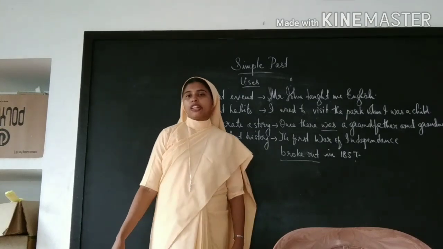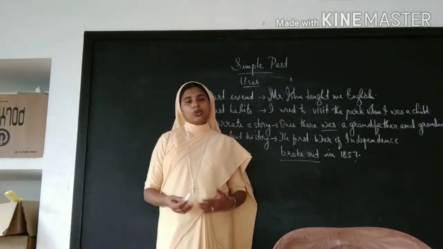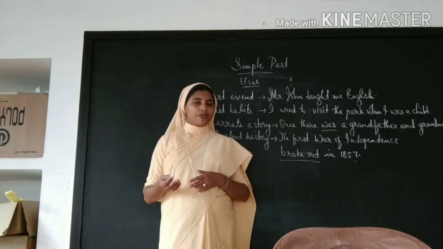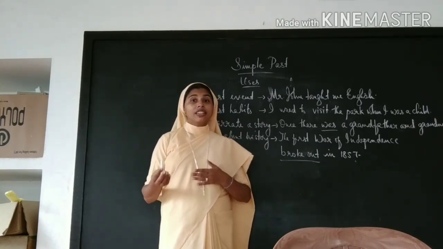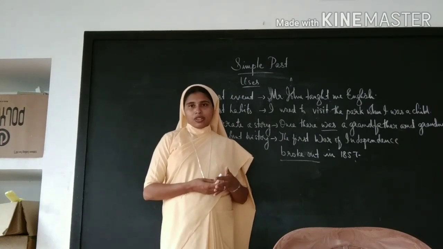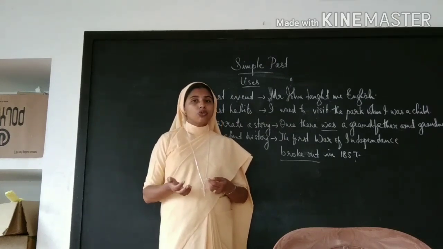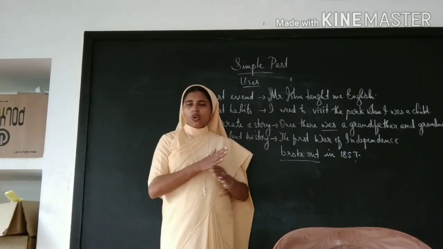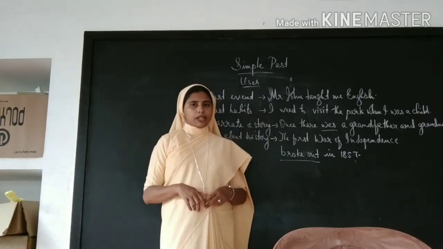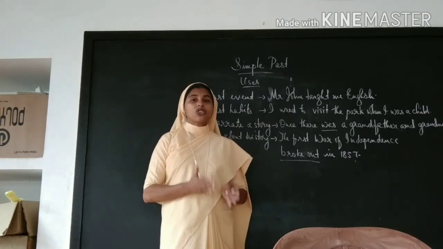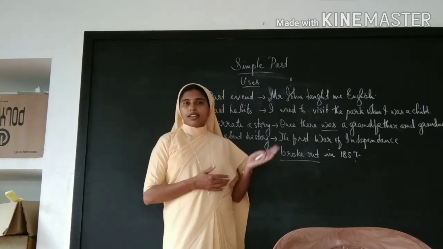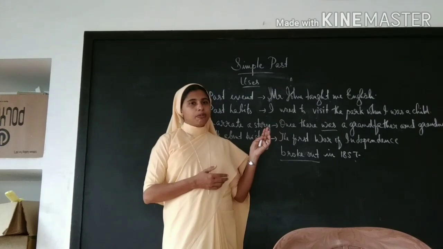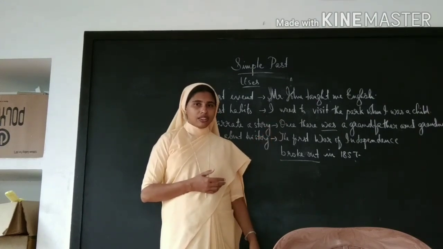Another incident: the Renaissance happened in European history. The Reformation was a challenge. All these are simple past tense. In order to talk about historical events, we use simple past tense. These are the usages of simple past tense. Clear?